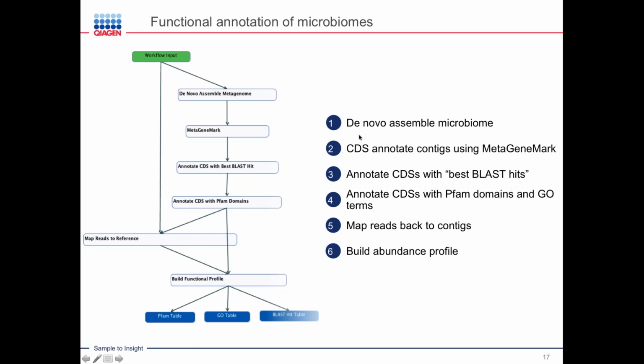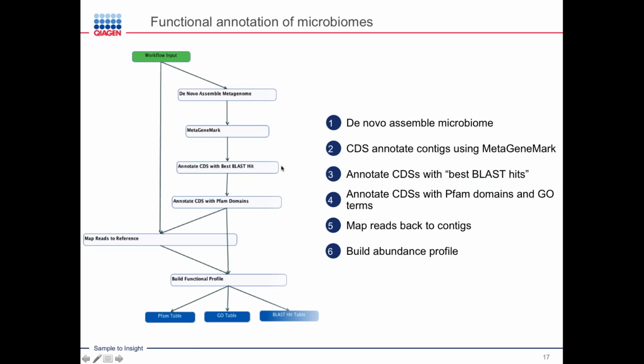Then we take those contigs and annotate them with coding sequences using a third-party plugin that is also part of the Microbial Genomics Pro Suite, namely the MetaGeneMark plugin, which is the most recognized metagenome gene annotation tool.